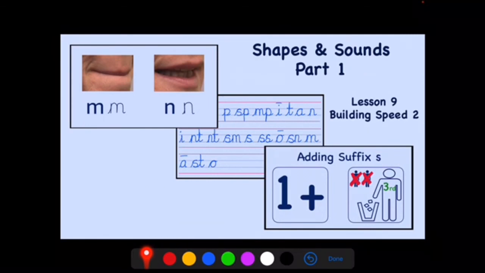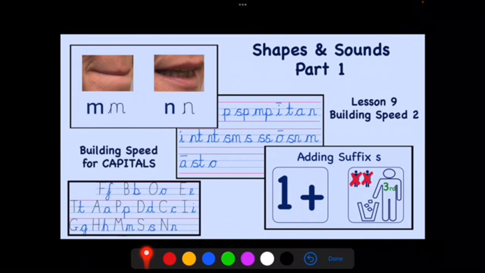And you can also take a look at when we add suffix S. But you might like to cover those letters in Building Speed for capitals, because that carries on and includes all of the consonants. The choice is yours.